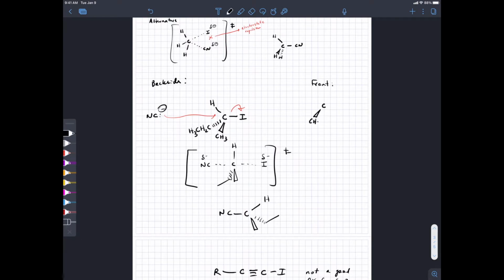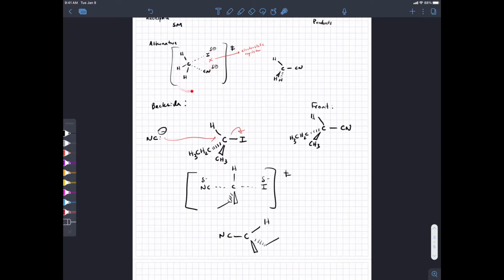Okay, still towards the left. And then CN minus would be here. Do you see how that's sort of the natural consequence of that transition state? CN just occupies the same spot that iodide used to.